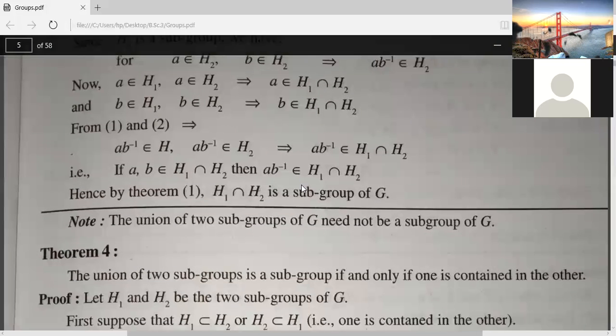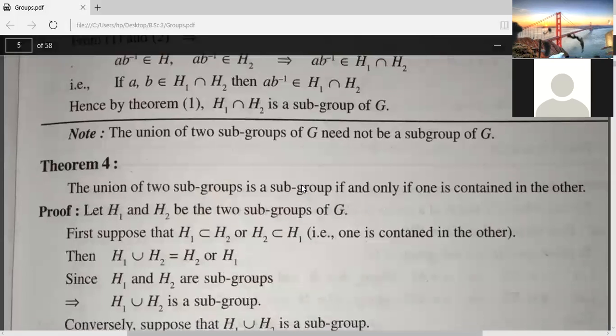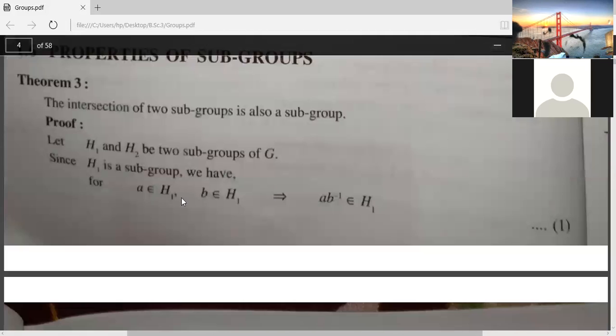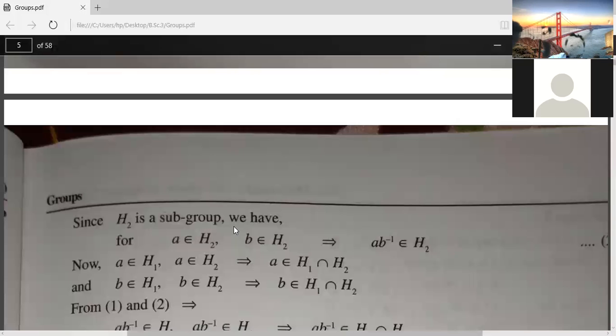Now, I think here you got the idea. Just see: a belongs to H1, b belongs to H1, then a b inverse belongs to H1 because H1 is a subgroup. That's why you write it here. It is a subgroup itself and it is a non-empty subset. And here a belongs to H2, b belongs to H2, because H2 is a subgroup, you write a b inverse belongs to H2.